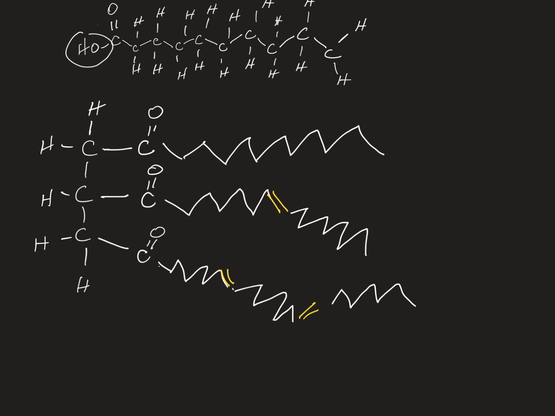This is called a saturated fatty acid. You've heard of that, yes? Saturated fats? Saturated fat means no double bonds. Every carbon has a hydrogen. That's what we call saturated.